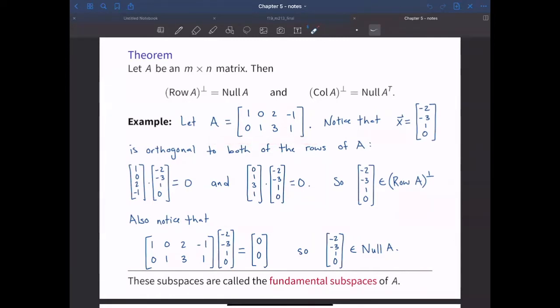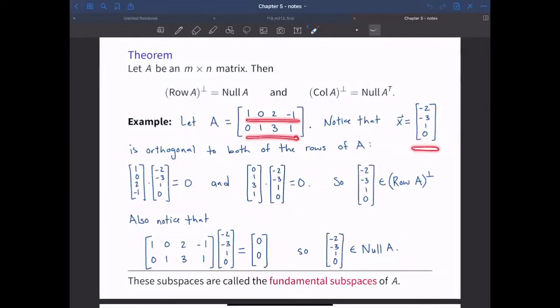Here was just some matrix, a matrix I made up out of nowhere. It's got nothing special, it's just a matrix A. And then I picked this vector X for a reason, and you'll see in a second. If I take the dot product of this vector X with this row and with this row, I get 0 and I get 0, okay? So in other words, this vector is orthogonal to both of these rows.